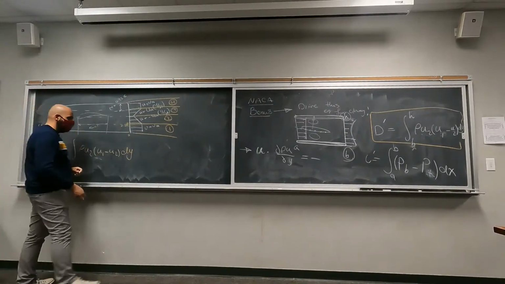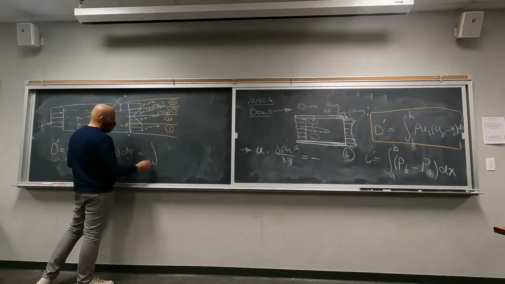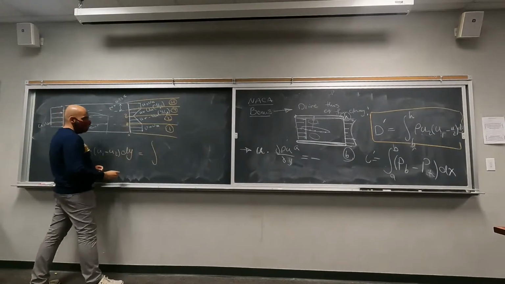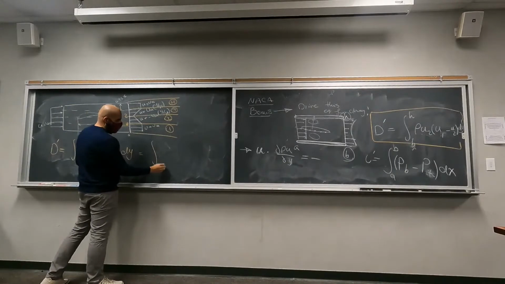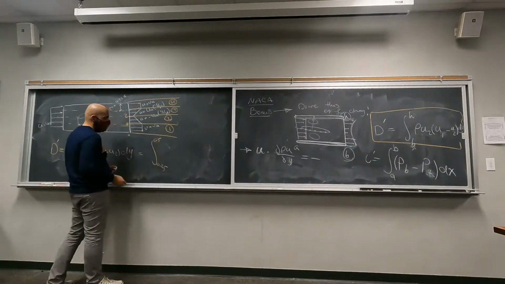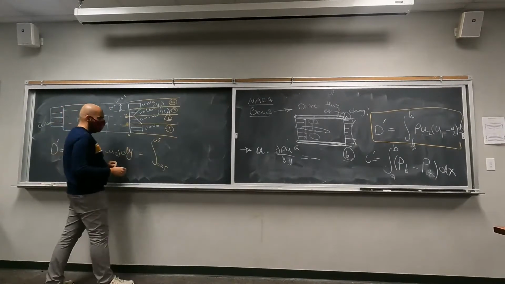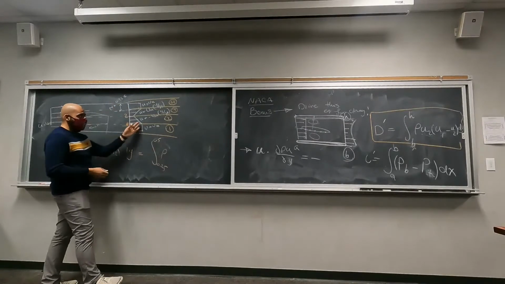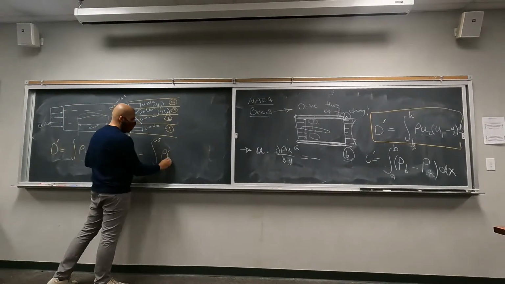What should we do for region 2? Which is going to be from 0.25 meters to 0.5 meters, if we assume your chord length is 1. We're going to have rho multiplied by u2. What is u2?